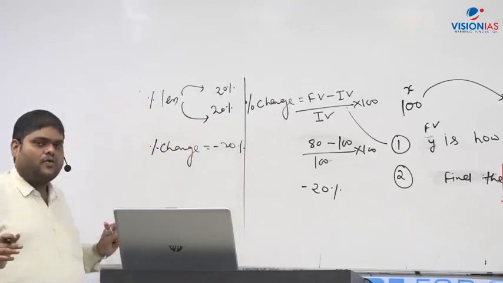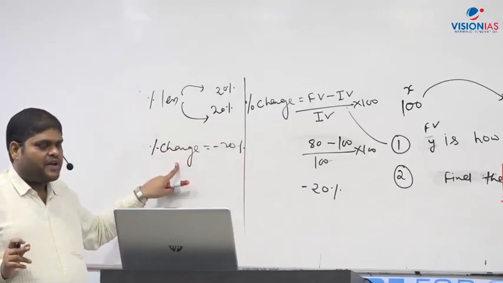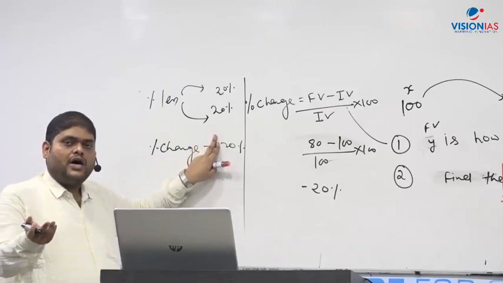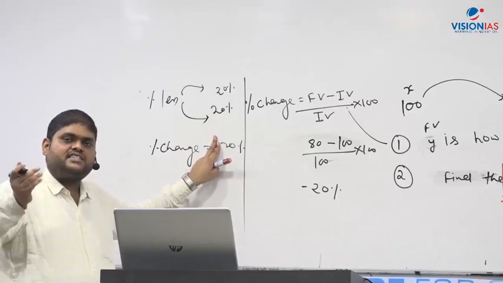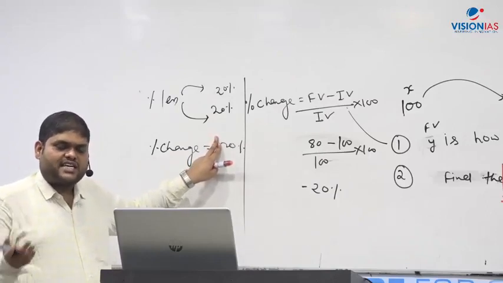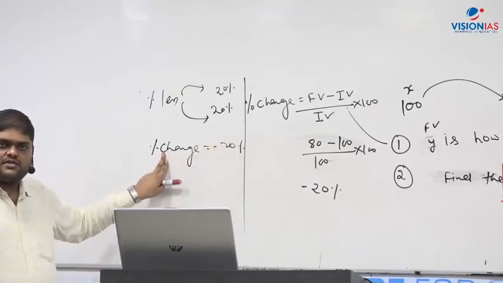Why minus now? Because change is a neutral terminology. When we say 20% change, how would you know whether 20% increment is there or decrement is there? Because 20% can be positive, 20% can be negative when we talk about change.